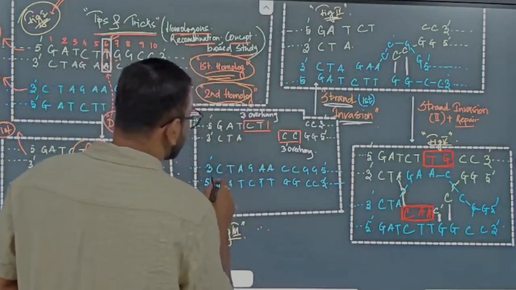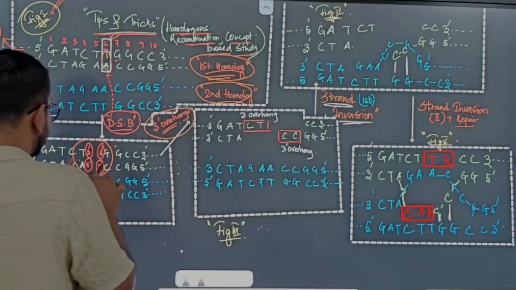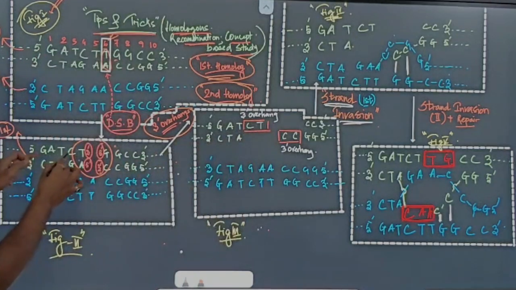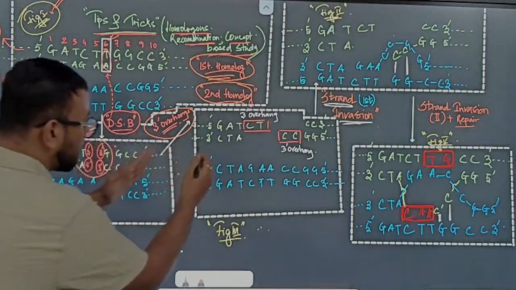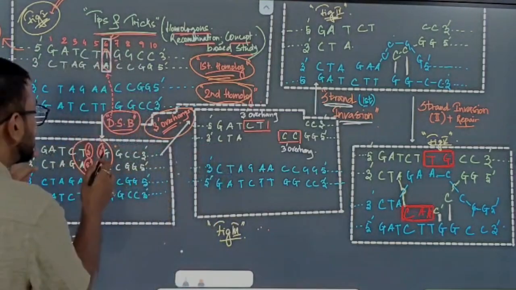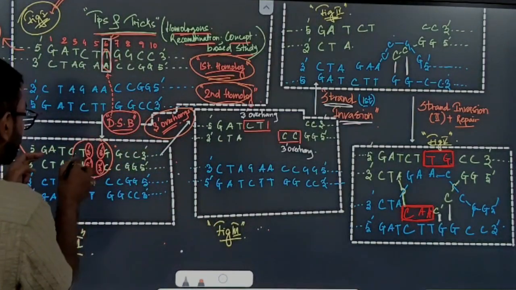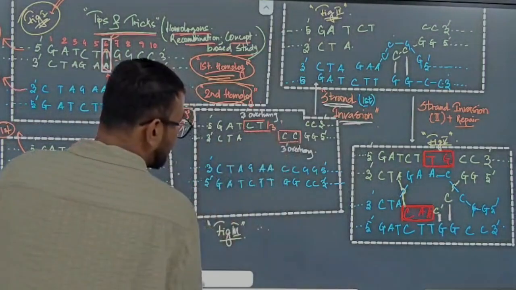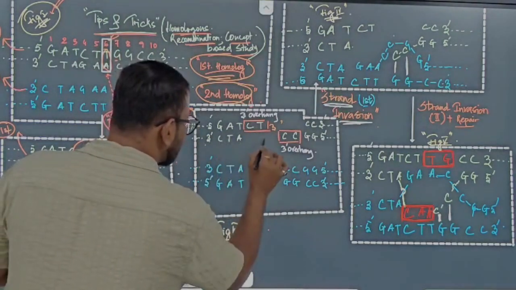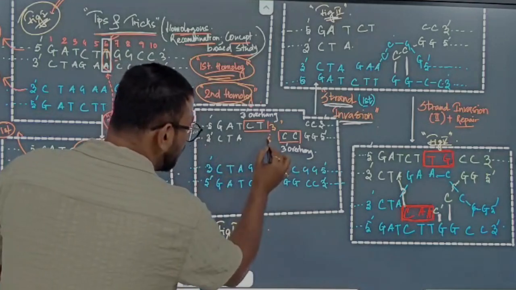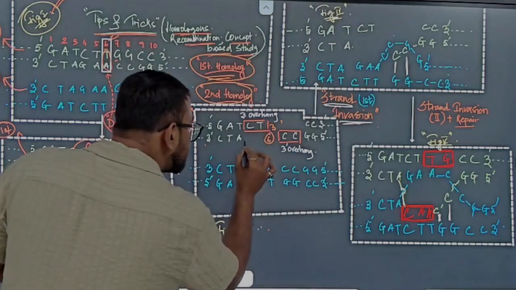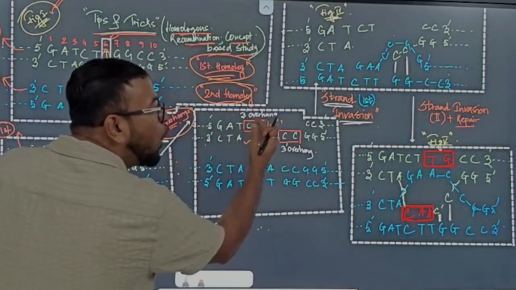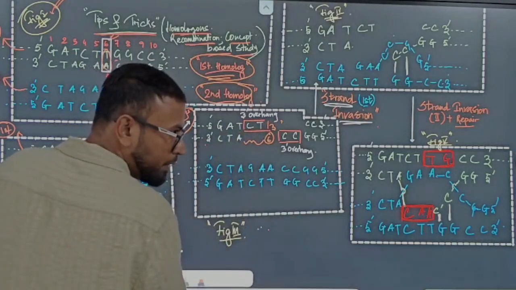Let's see over here. As you can see from the previous figure, GATCT. Now, as we have assumed this segment as 5' to 3', and this segment as 3' to 5', from the 5' end certain bases have been obliterated.